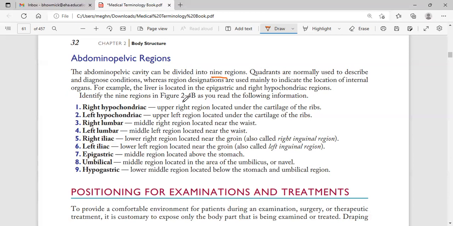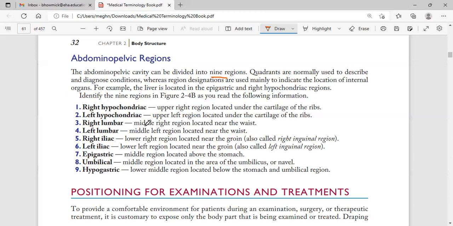Identify the 9 regions in figure 2.4b. Right hypochondriac is the upper right region located under the cartilage of the ribs. Left hypochondriac is the upper left region located under the cartilage of the ribs, but on the left side.